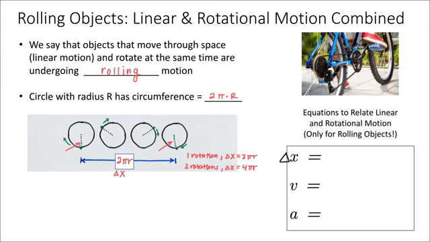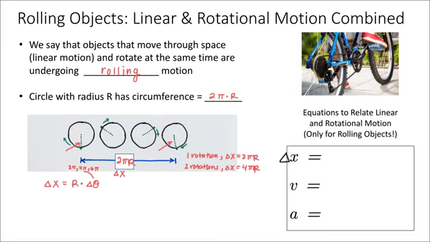And so what I'm starting to see is that delta x, my linear displacement, can actually be found just by multiplying, and I'm using capital R here for the radius, that delta x is nothing more than r multiplied by delta theta. So here, delta theta is going to be either 2 pi or 4 pi or 6 pi.